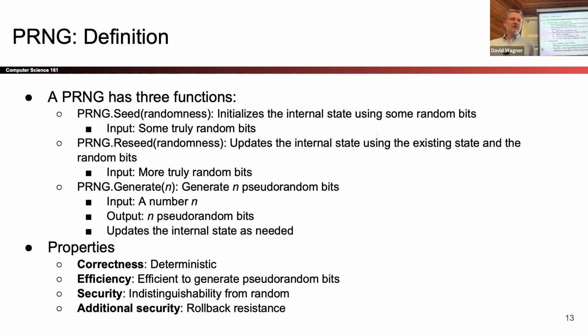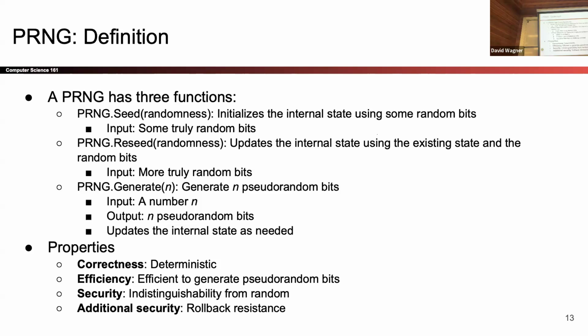Many pseudorandom number generators also provide an additional functionality called reseed. And reseed says, oh, I just made another observation of this physical process. I've got another truly random number. Why don't you take that into account and mix that in with everything else that's known, so that future outputs depend on that additional randomness.